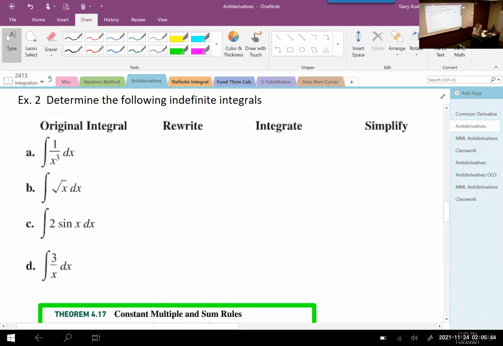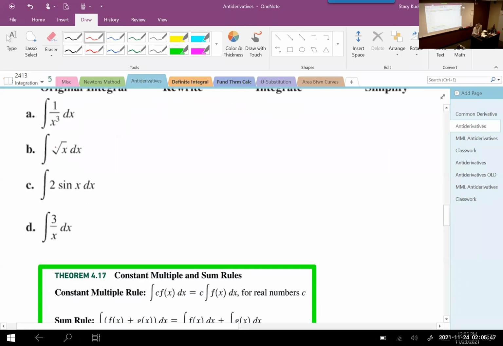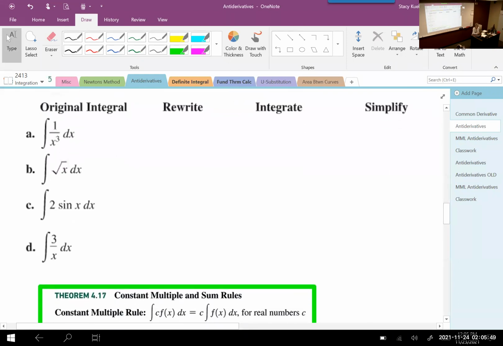So the first thing I would suggest that you do is take your original integral, the integral of 1 over x cubed dx, and let's rewrite it still with our symbol, but write it as x to the negative 3 dx, because we want to put it in its rational form so we can apply the power rule. Then we apply the power rule, which is what we're talking about when we say integrate it, so that we become x to the negative 3 plus 1, which would be what?